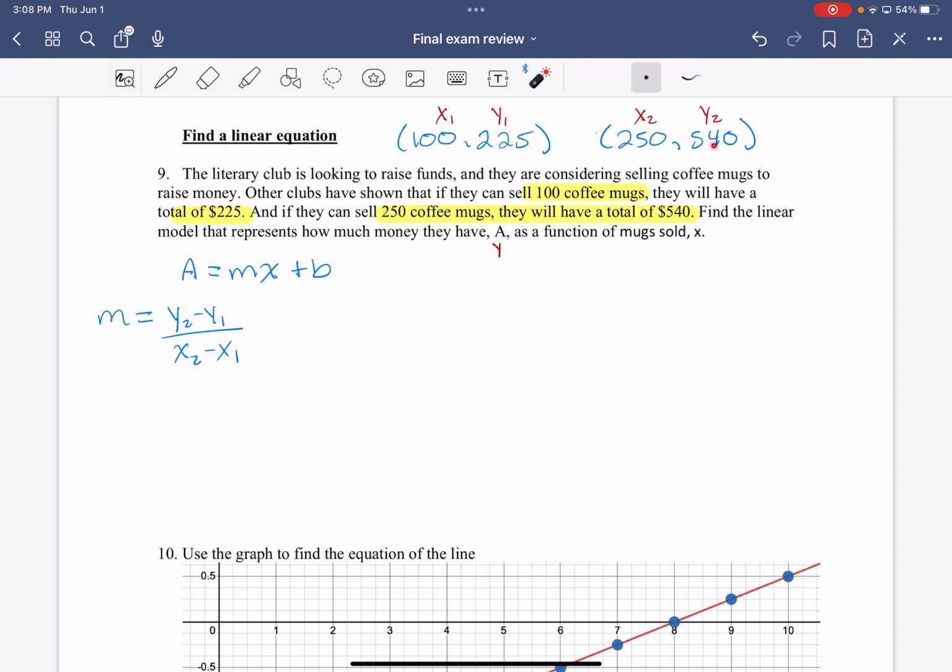Now that I have those labeled, I'm just going to plug them into the slope formula. 540 minus 225 all over 250 minus 100. This will give us 315 over 150. Using your calculators, 2.1.